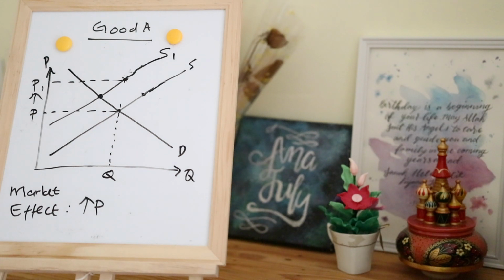We are still using the same factors, increase in cost of production and increase in income, but let's say the effect of the increase in income is larger than the effect of the increase in cost of production. Meaning that the increase in income will lead to a very high increase in demand.